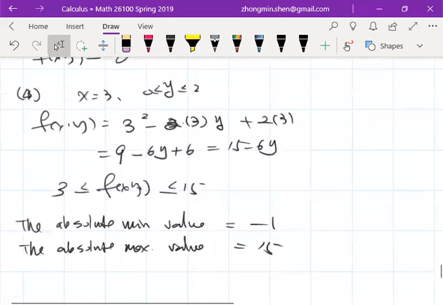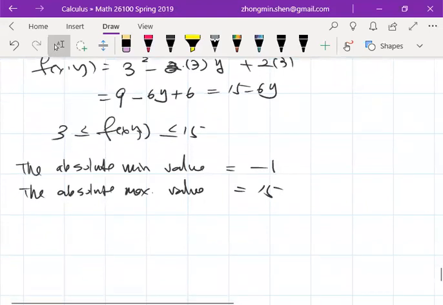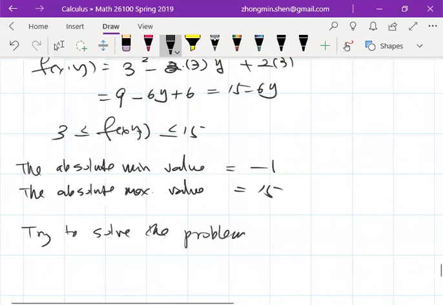So my question is, try this when you get home, okay? Try to solve the problem when x squared plus y squared equals 4.